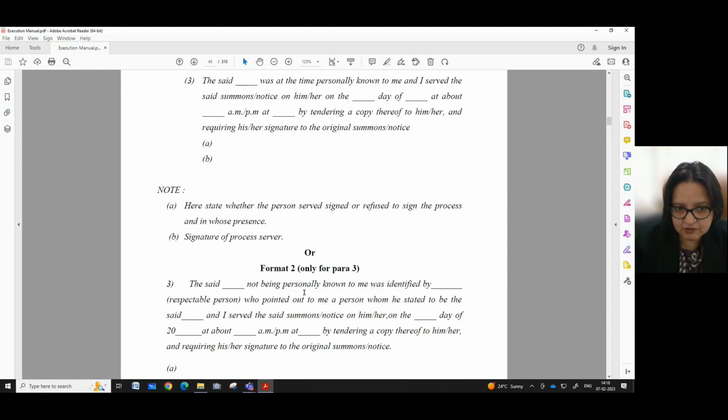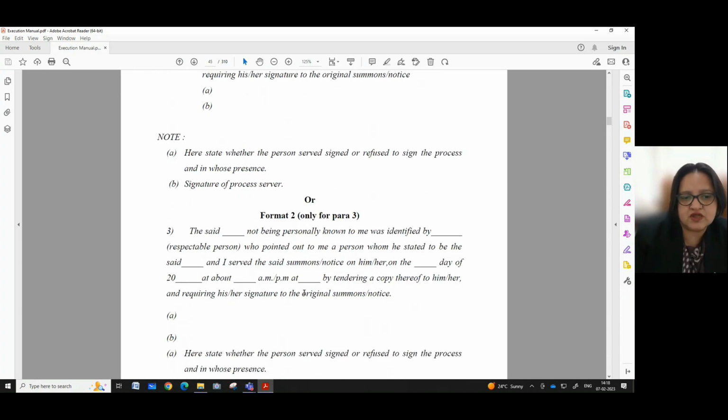The name of the respectable person is to be given by the process server, who had identified the witness or the defendant or the judgment debtor, or the person who pointed out to me a person whom he stated to be the said judgment debtor or defendant or witness or any other person upon whom the summons is to be served, and I served the said summons or notice on him or her on the dash day of 20 dash at about AM or PM at dash.